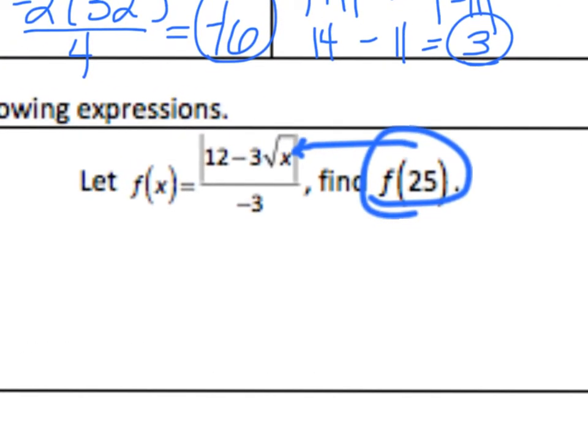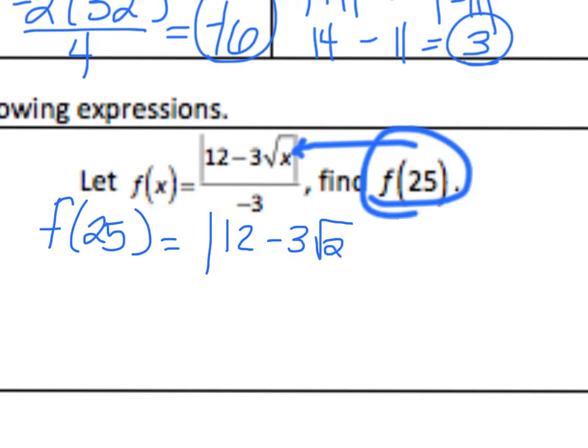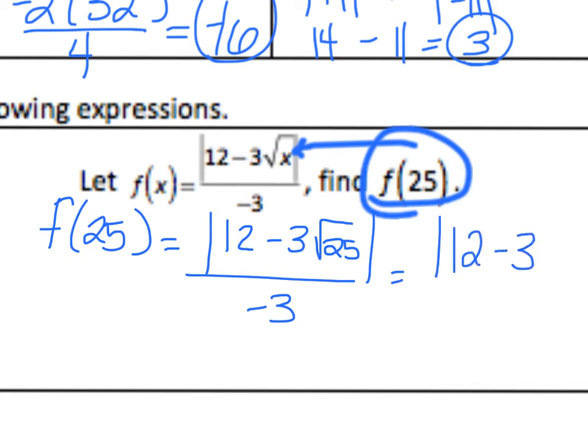Okay, so hopefully you were able to give that a try, and now I'm going to go ahead and solve it. So we've got absolute value bar of 12 minus 3 square root 25 over -3. It's going to be the absolute value of 12 minus 3 times 5 over -3.